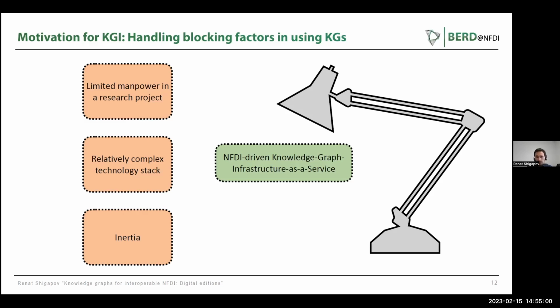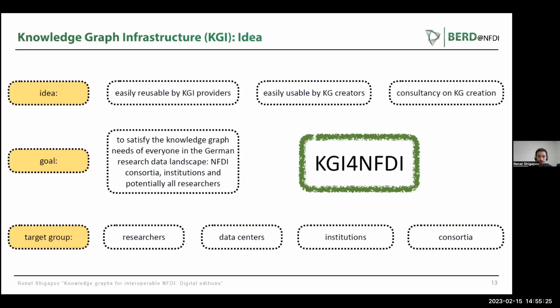And because of this, we would like to have an NFDI-driven knowledge graph infrastructure as a service, so that researchers, institutions, and consortia can easily create knowledge graphs without huge investments in manpower or learning super complex technologies.